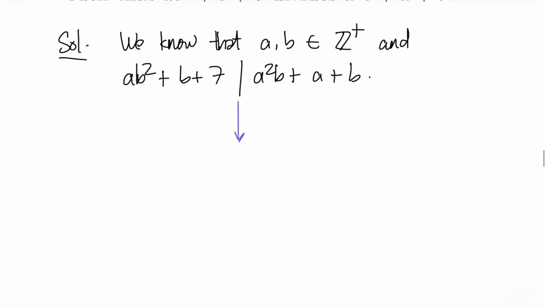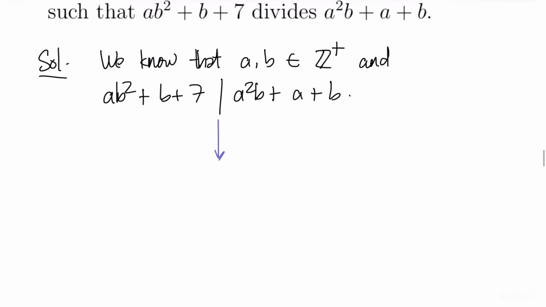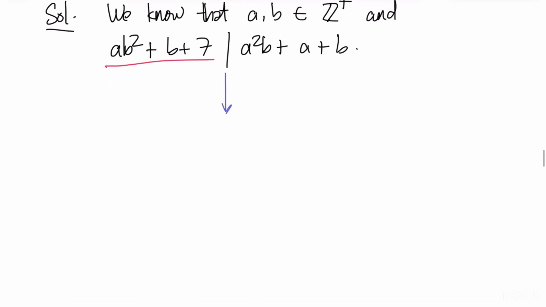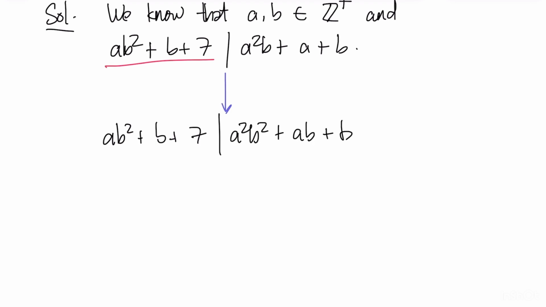I'm going to multiply the right hand side by b, and since this does not change the fact that ab squared plus b plus 7 divides the right hand side, because we're just multiplying it by b, ab squared plus b plus 7 still divides a squared b squared plus ab plus b squared. I'm just going to write here, multiplied by b.